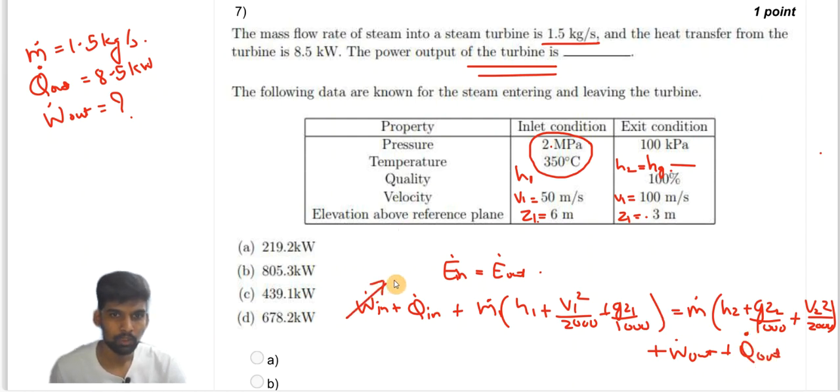So W dot in is 0 and Q dot in is also 0, and only W dot out we need to calculate, and Q dot out is given to us.